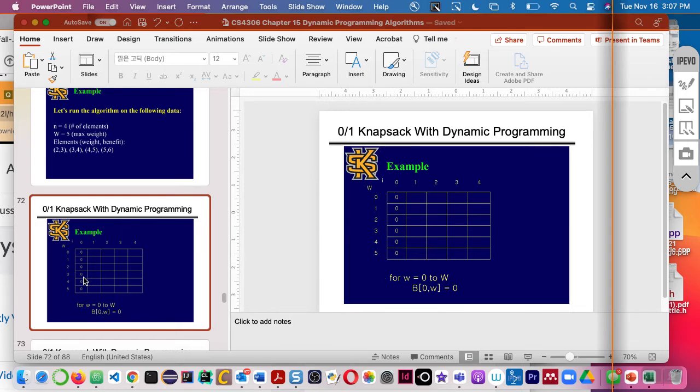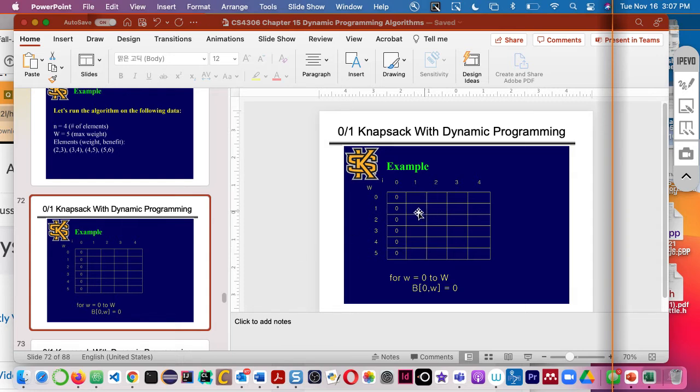So now, first of all, how do we fill this one? If the weight is 0, is there any profit? Is there any item? No. So no weight, no item, and no item, no profit, no benefit.